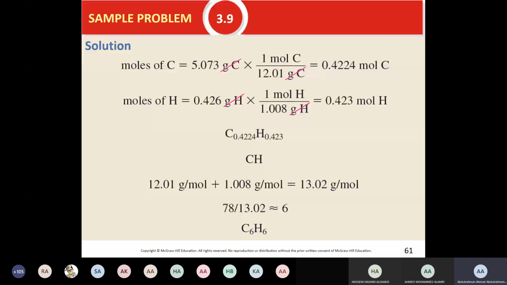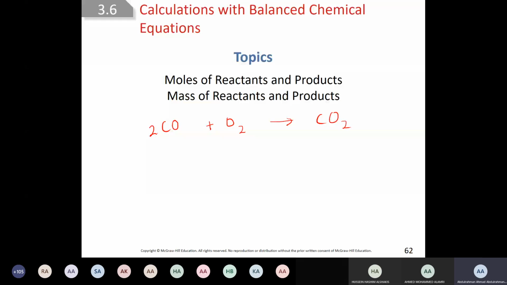If you have any chemical reaction like this, then you should first balance this equation. Balance it very quickly. What should you do? This will be 2CO plus 1O2 to give you 2CO2.